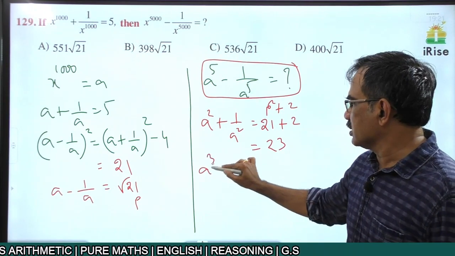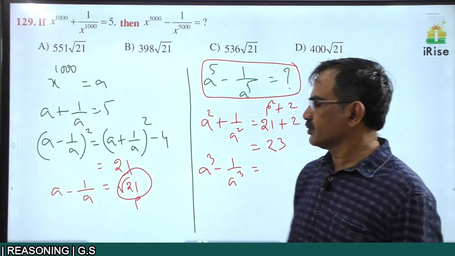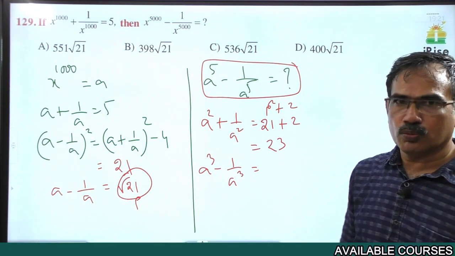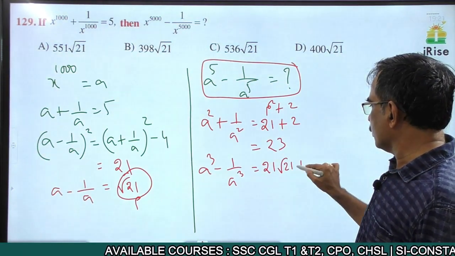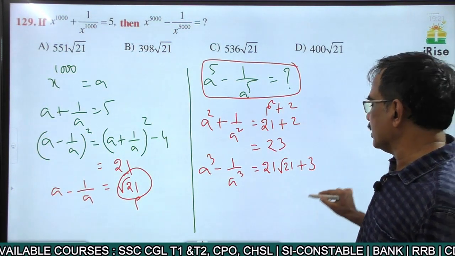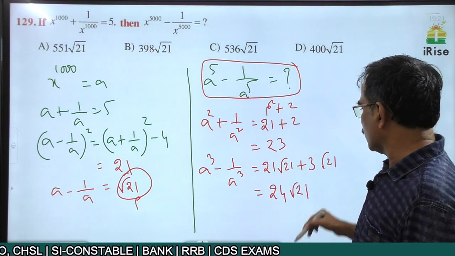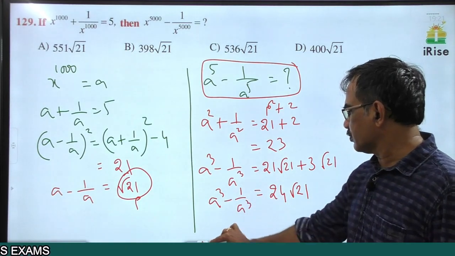And similarly, what is a cube minus 1 by a cube if a minus 1 by a is p? What is a cube minus 1 by a cube? P cube plus 3p. P cube is 21 root 21 plus 3 into p, root 21, which is equal to 24 root 21. This is a cube minus 1 by a cube.